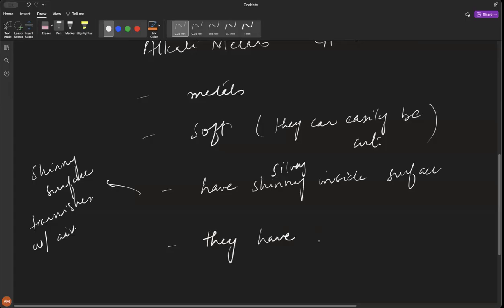They have low melting and boiling points.